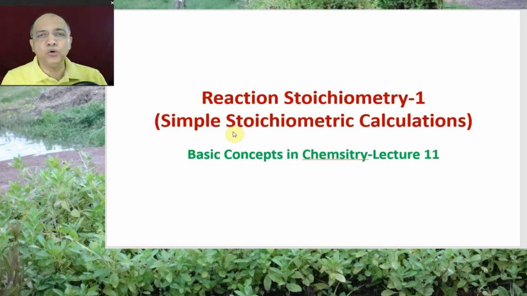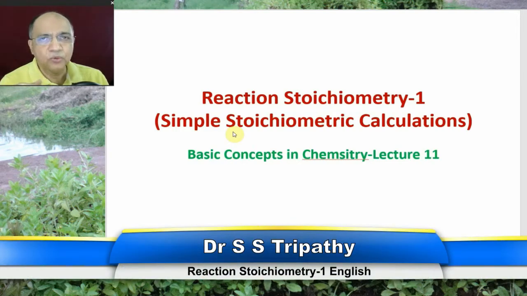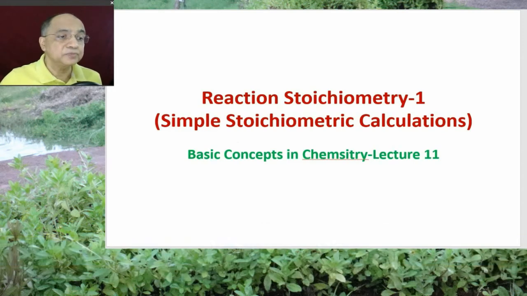We already know the difference between the two, where in composition we are simply to find out the mass ratio of elements from the molecular formula or from the mass percentage data. We find the empirical formula and then molecular formula. You all know that. But here we have to deal with a reaction, and as I have already told you, the steps required.